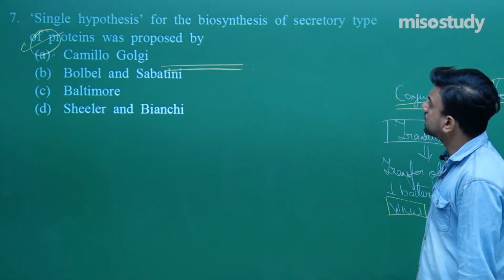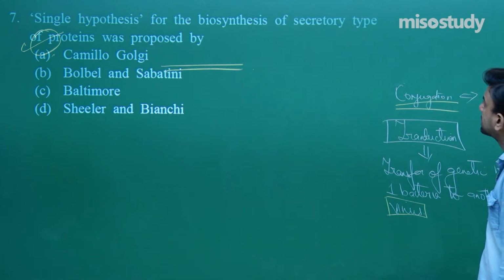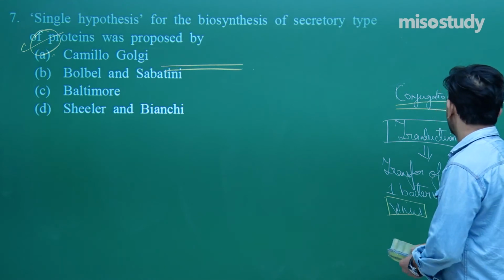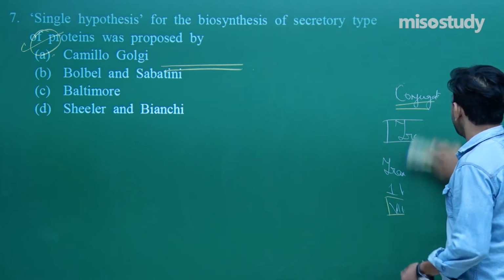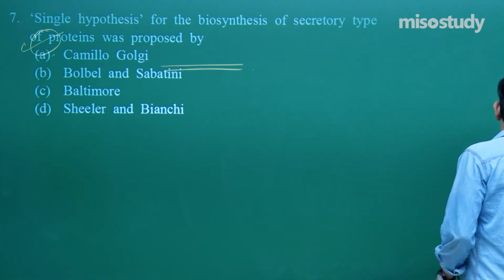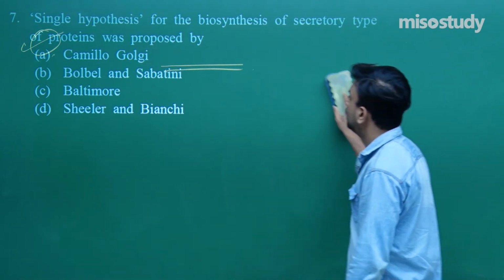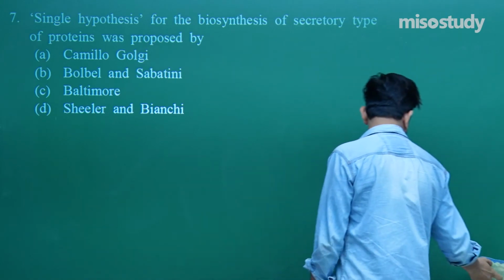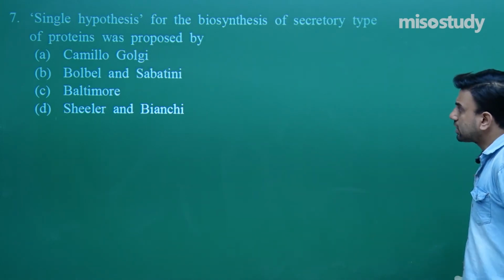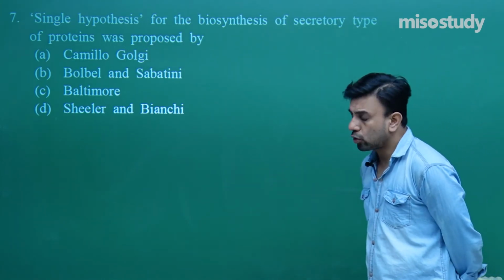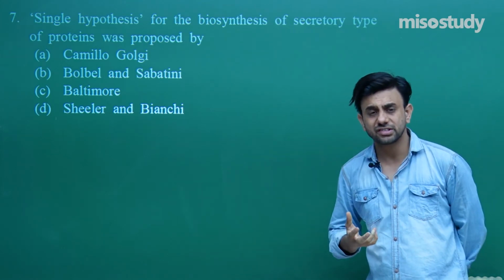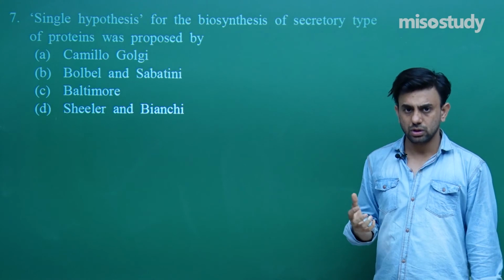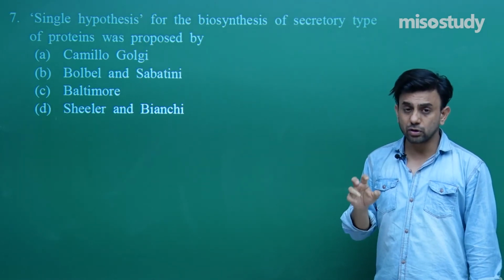The signal hypothesis for the biosynthesis of secretory type of proteins was proposed by whom? When proteins are synthesized, they need to have a direction of where to go. They need to know where to go.